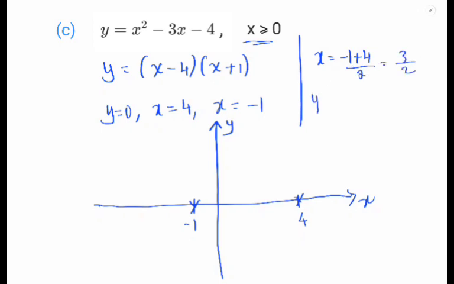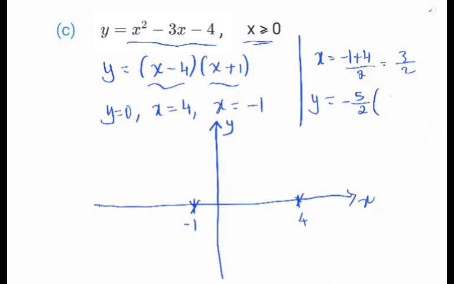When x equals 3 over 2, y equals, either you substitute here or inside here, so you get 3 over 2 minus 4. Now what do you get? You get negative 5 over 2.